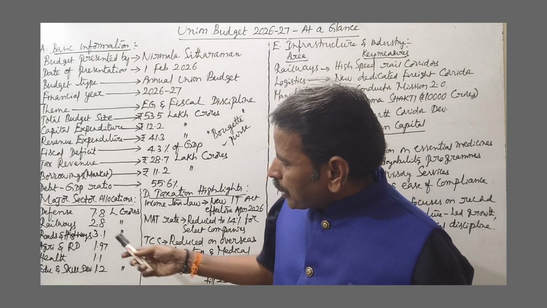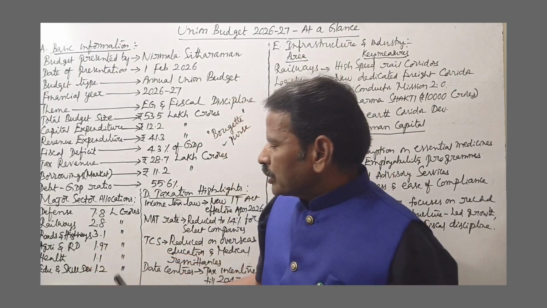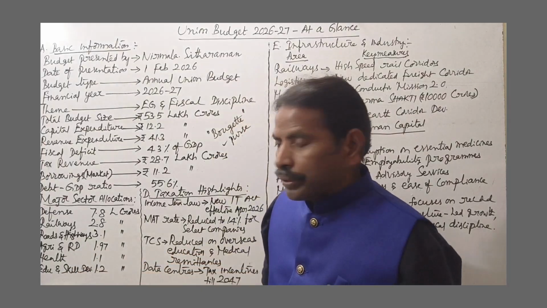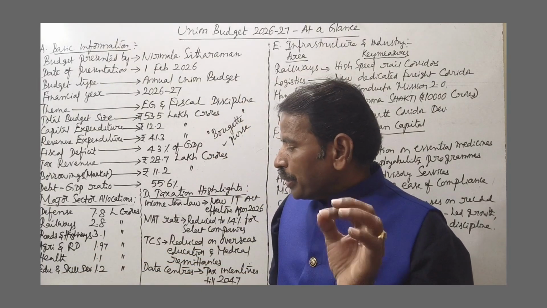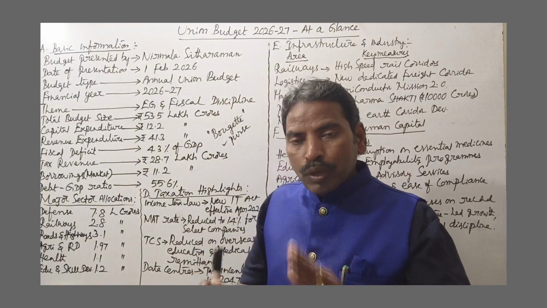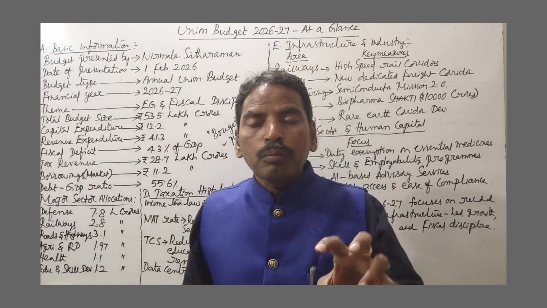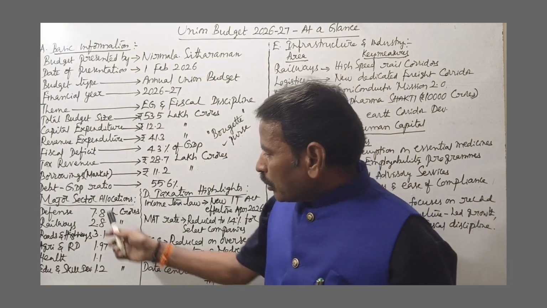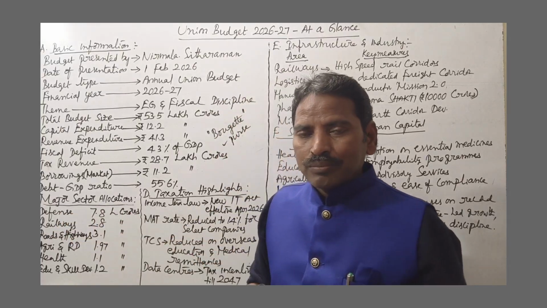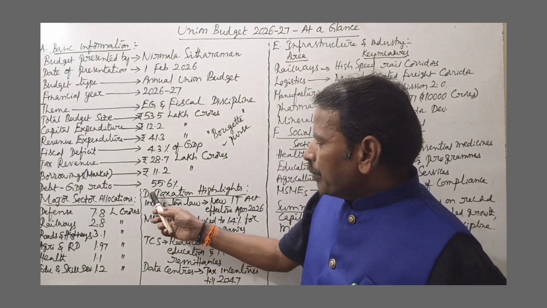Next, railways 2.8 lakh crores, roads and highways 3.1 lakh crores, agriculture and rural development approximately 1.97 lakh crores, health approximately 1.1 lakh crores, education and skill development approximately 1.2 lakh crores. All the details related to sector-wise allocations.